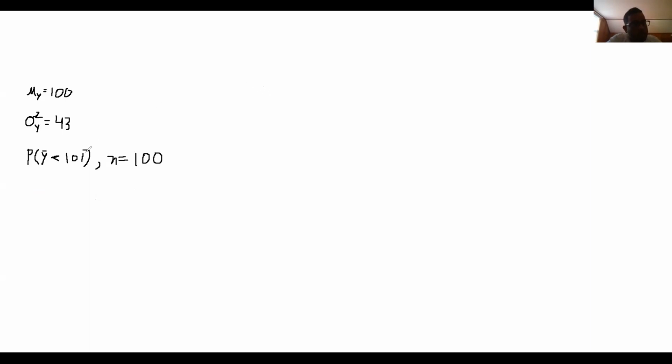This problem, we can translate it into something else, because when n is large, it approaches the normal probability distribution.